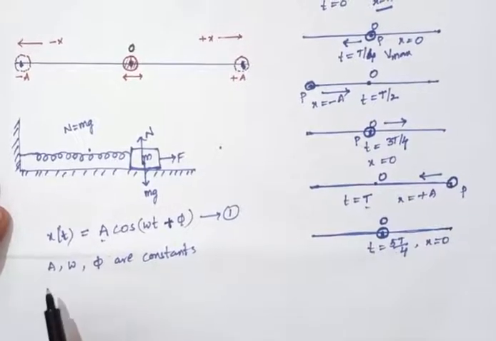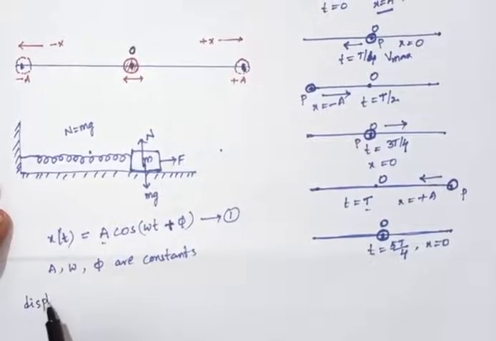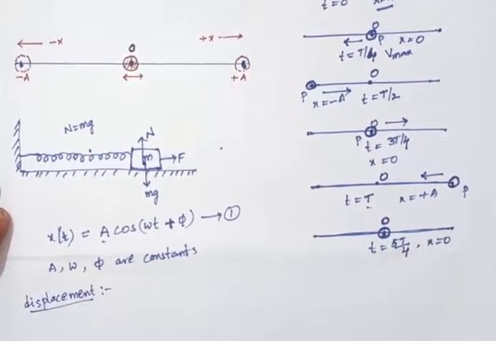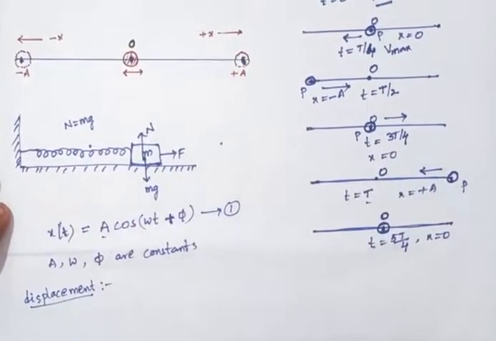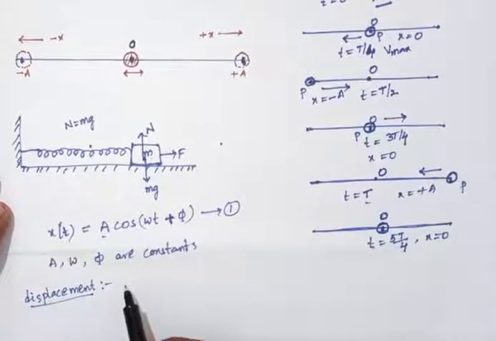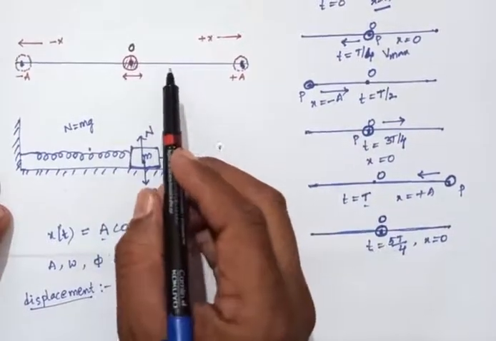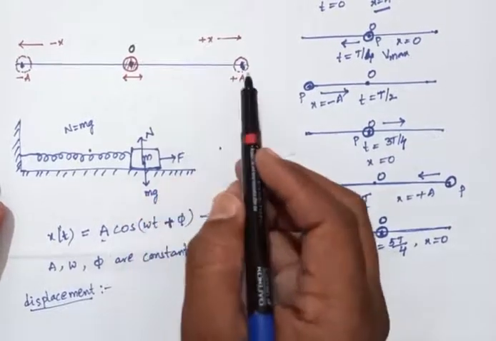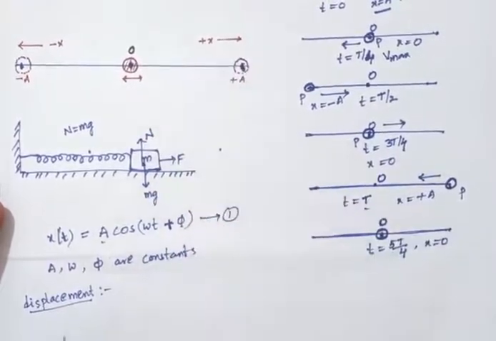Already we discussed the displacement. What is displacement? Displacement is the distance from the starting point. When a particle undergoes simple harmonic motion, the distance from the starting point to its position at a given time is called the displacement.